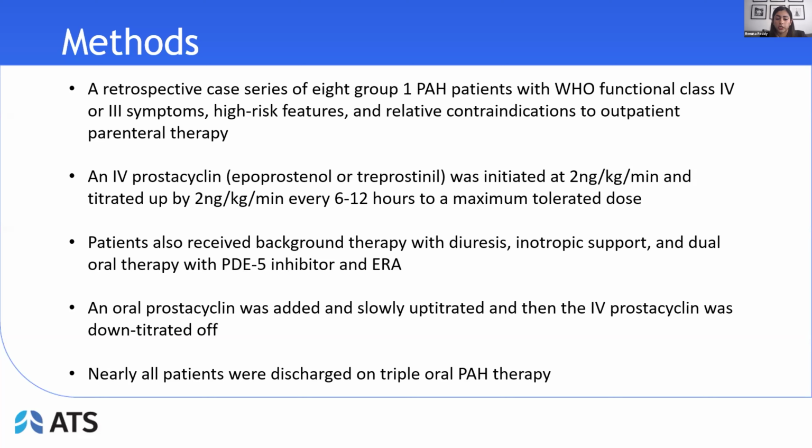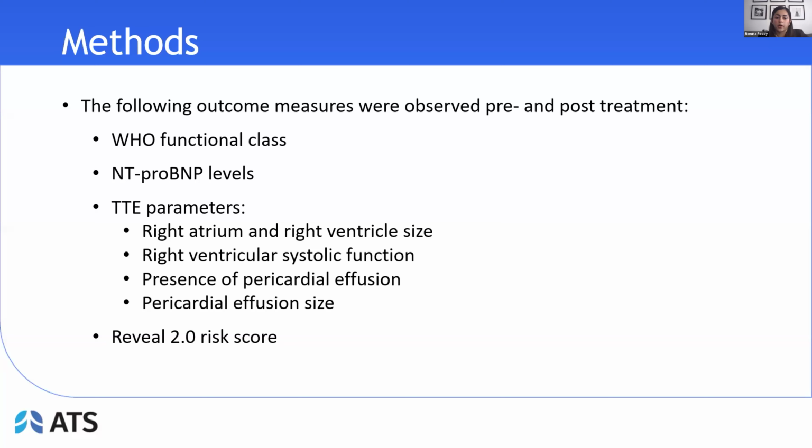Nearly all of our patients were discharged on triple oral therapy. So we observed outcome measures both pre and post parenteral prostacyclin therapy. The specific outcome measures that we studied were WHO functional class, NT-proBNP level, various TTE parameters that you could see on the slide, and also the REVEAL 2.0 risk score.